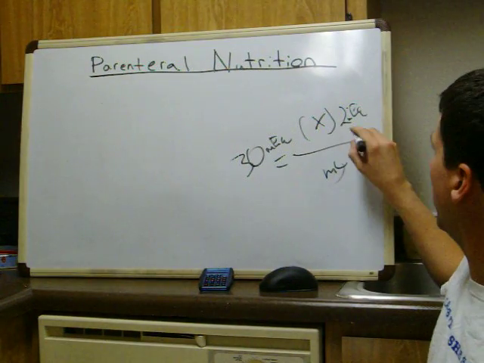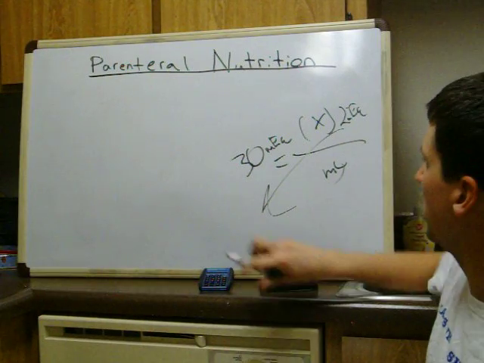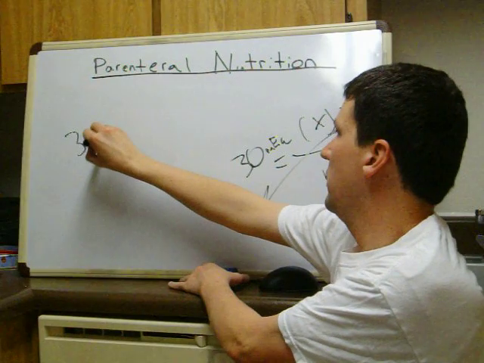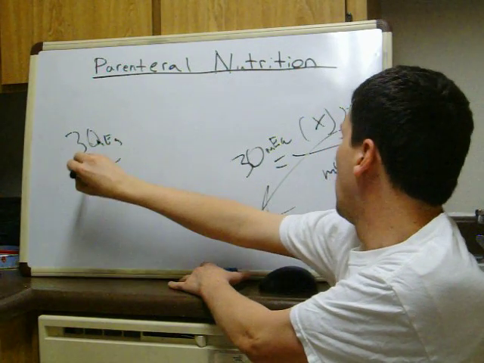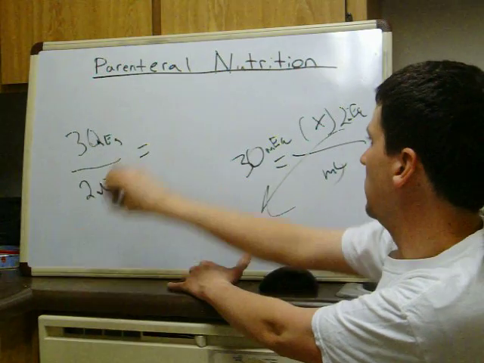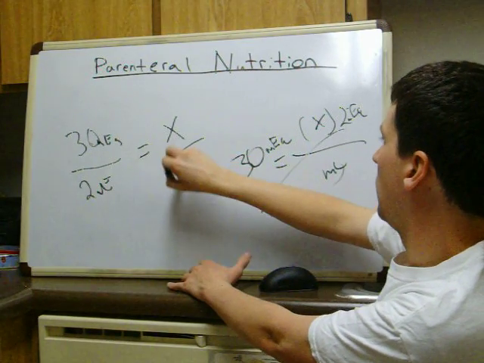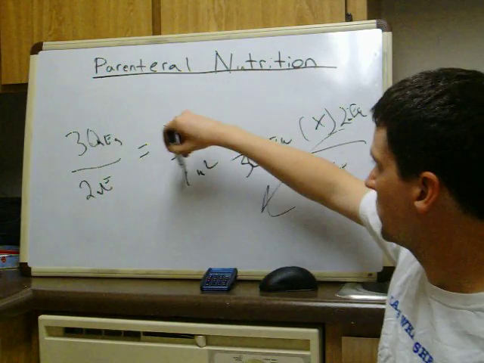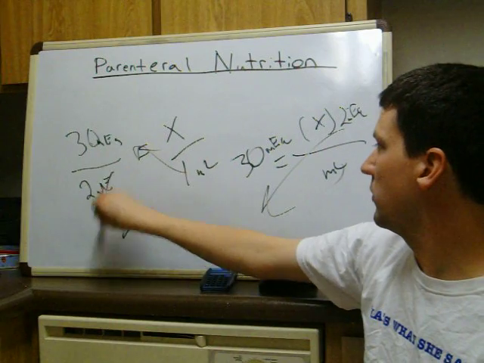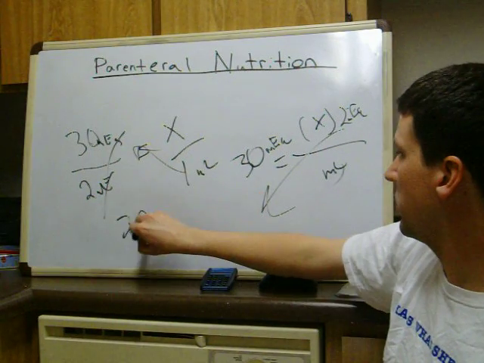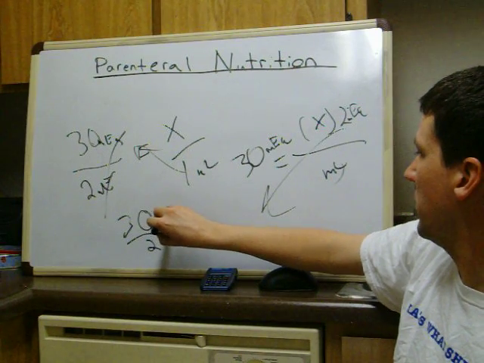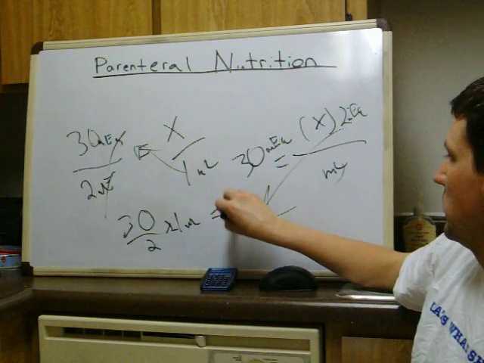Then next we divide by 2 milliequivalents, so 30 milliequivalents over 2 milliequivalents is equal to x over 1 milliliter. And then we can just multiply that 1 milliliter to the other side. Our milliequivalent units cancel out, so we get 30 over 2 times 1 milliliter is equal to x.